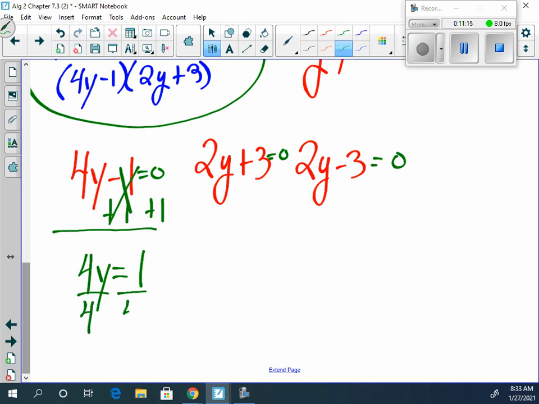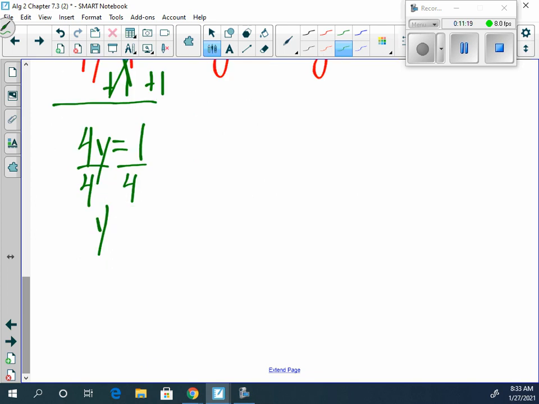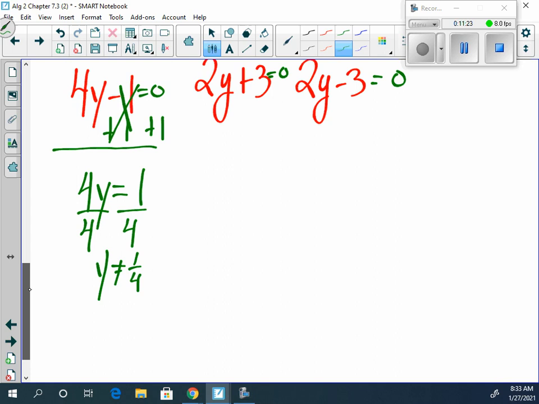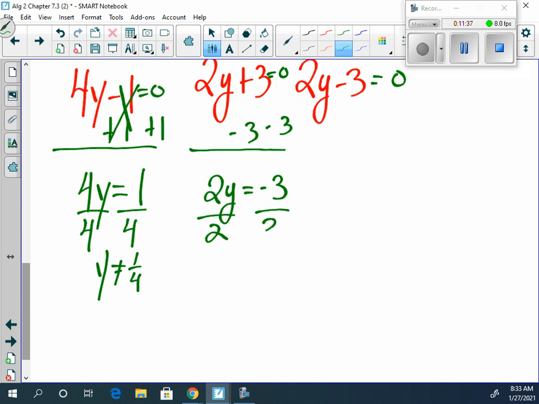Then divide by 4, and it'll tell me y cannot equal 1/4. Now the next one here, 2y plus 3 equals 0. Well, we would minus 3 from both sides, telling me 2y is equal to negative 3, divide by 2, so y cannot equal negative 3/2.